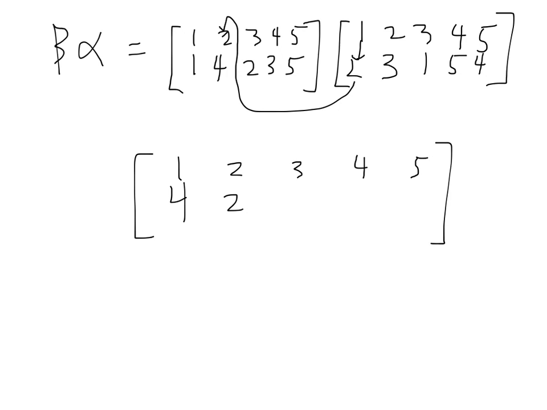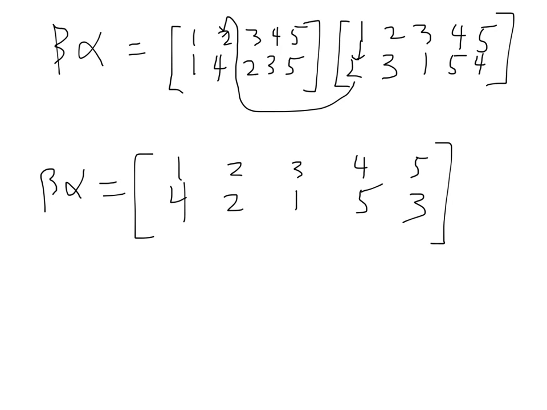On the right, 3 goes to 1, and then 1 goes to 1. On the right, 4 goes to 5, and then 5 goes to 5. And on the right, 5 goes to 4, and then 4 goes to 3. So this is the composition beta alpha.